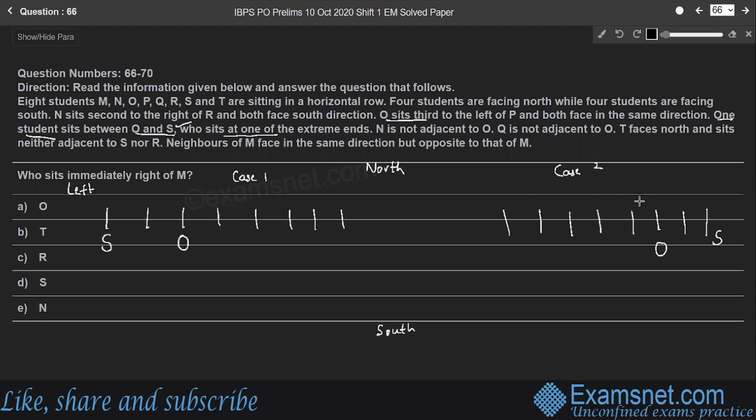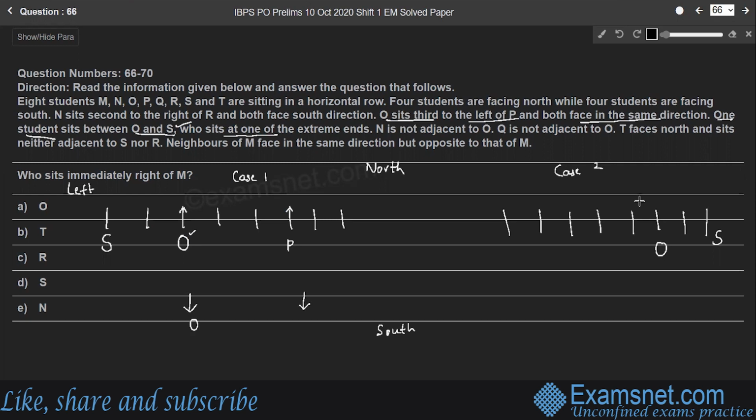O sits third to the left of P and both face in the same direction. O and P are facing the same direction and O sits third to the left of P. So in case 1, if O is facing the north direction, P also has to face the north direction and position of P will be here. Right? So to the left of P, O is sitting third to the left of P. If O faces south direction, what happens?